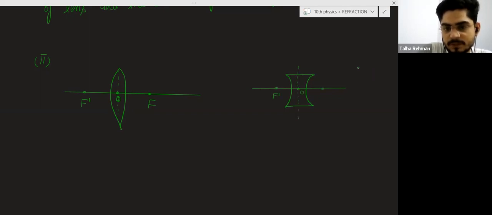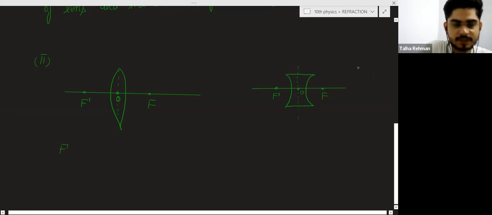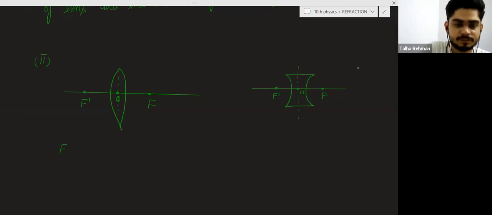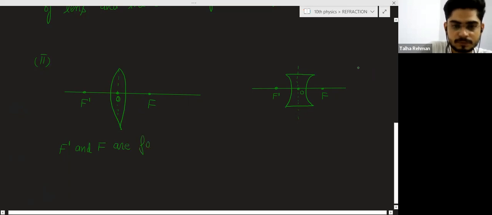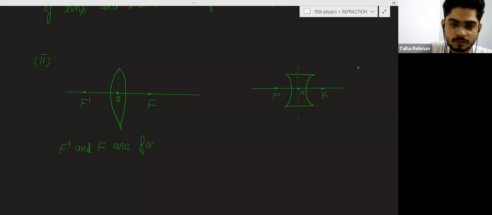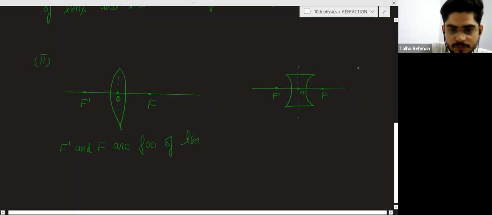F dash and F right here. Foci is the plural of focus. Of focal length.